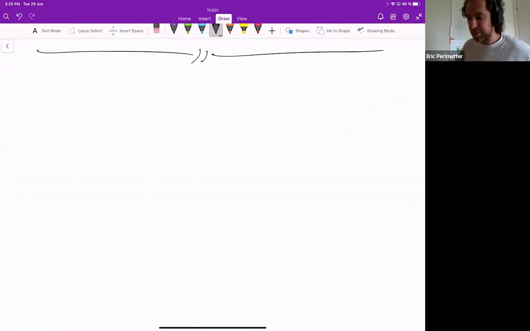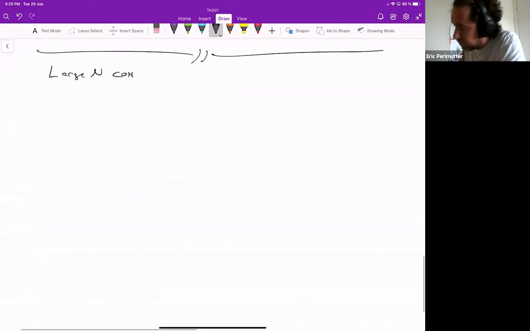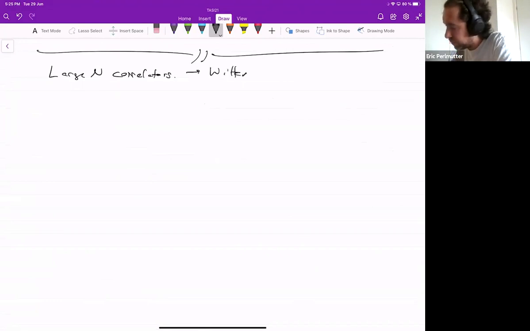So we're going to study correlators at large N, and especially in strongly coupled theories. And this means, from the holographic point of view, computing Witten diagrams, which Mukund introduced in his lectures.